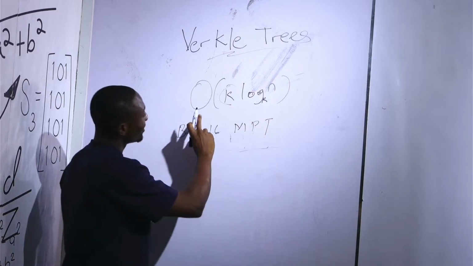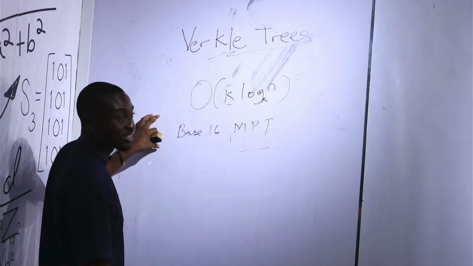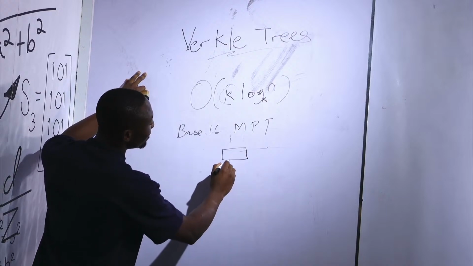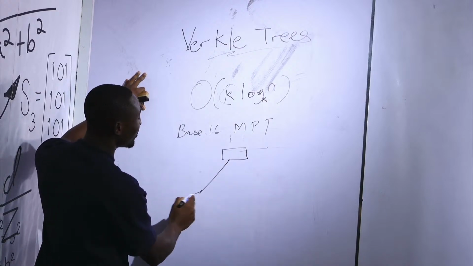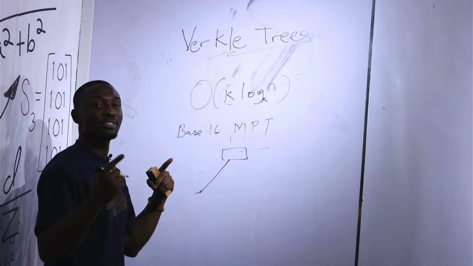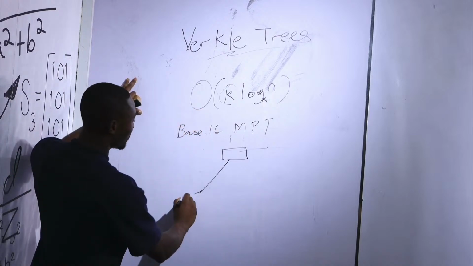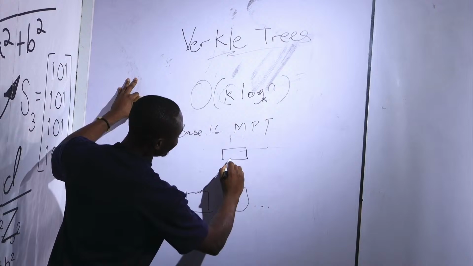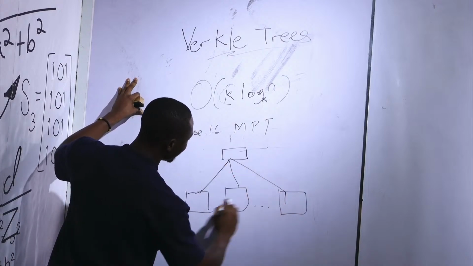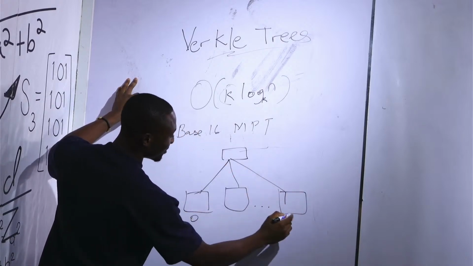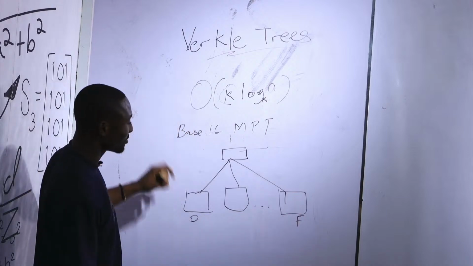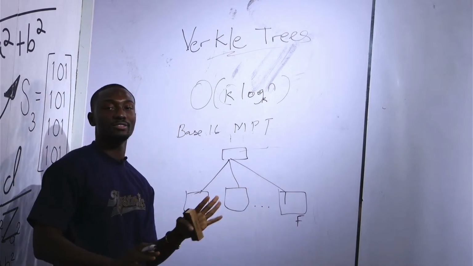So in the base 16 MPT, you have the root node. The root has 16 branches. It can have a maximum of 16 branches. That's the K. So that's 0 to F. It has 16 branches max.